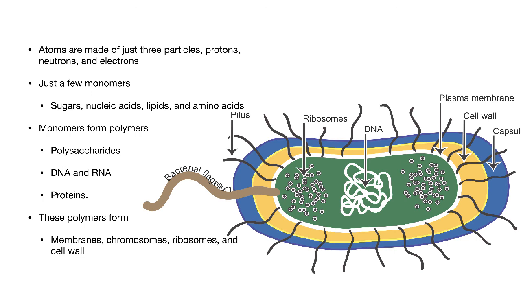Atoms form molecules, and the cell is made up of just a few types of monomers: sugars, nucleic acids, lipids, and amino acids. These monomers form the polymers, polysaccharides, DNA, RNA, and proteins. These polymers come together to form all the structures of the cell. Things like membranes, chromosomes, ribosomes, and cell walls.